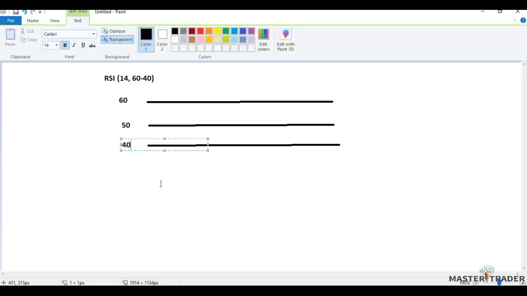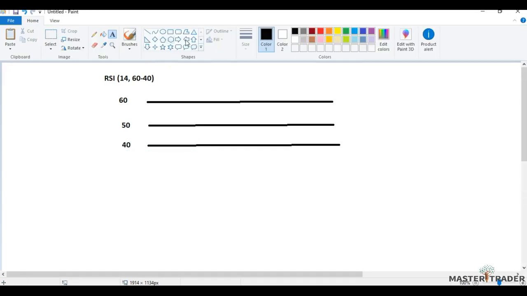So we have 60, 50, and 40. Now, what do we know about this first of all? We know a few things: if RSI is above the 60 level, that indicates bullishness. If RSI is below the 40 level, that indicates bearishness.